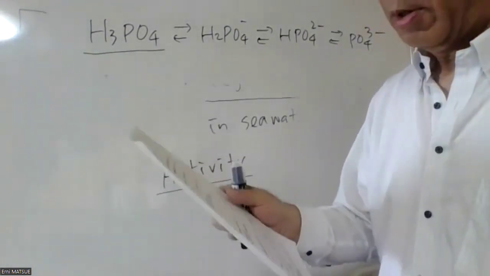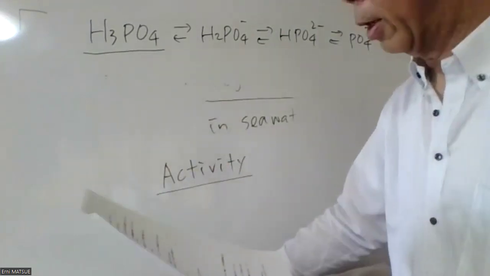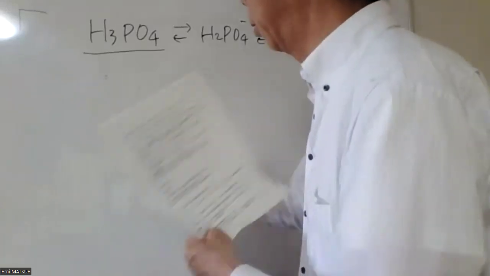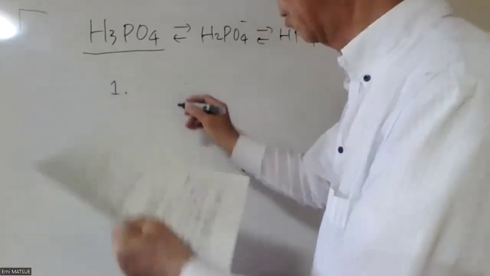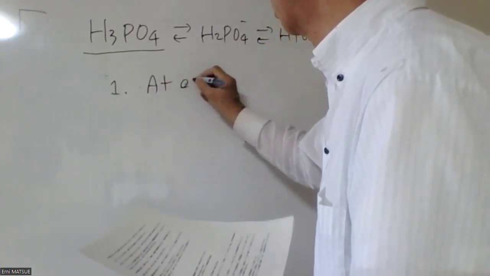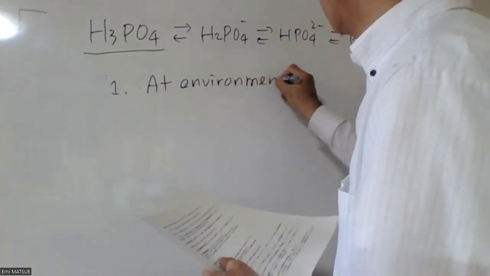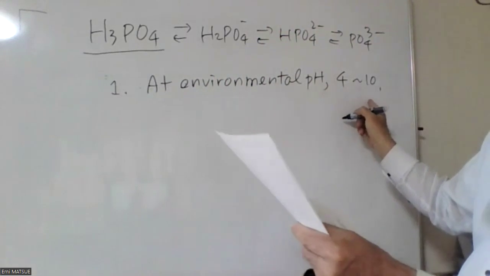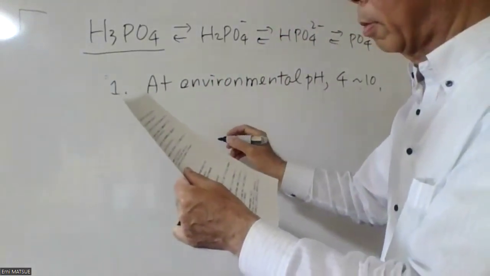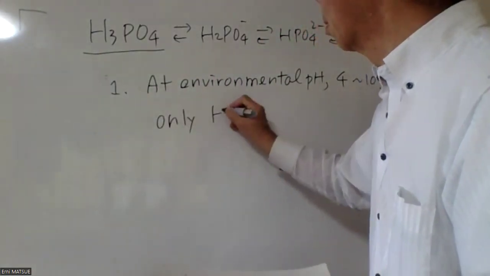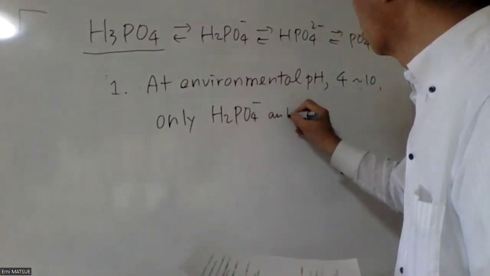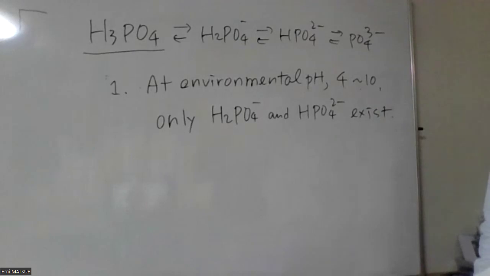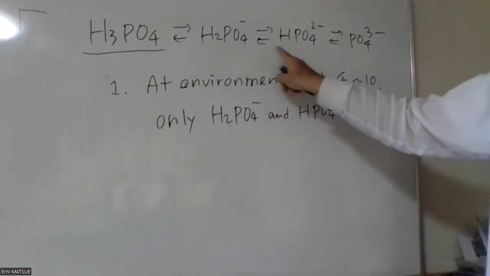If you draw the dissociation curve for phosphoric acid, you can find that at environmental pH 4 to 10, this species is present.